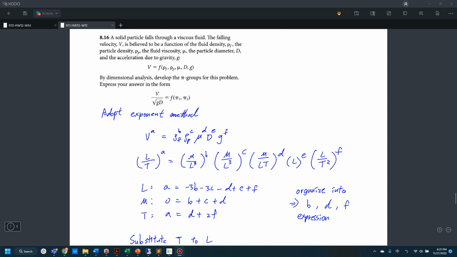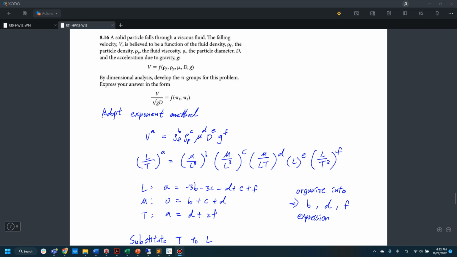To be more flexible on this, we will adopt the exponent method, where we write the functional equation in this form, in which each variable has a different power written as the parameters a, b, c, d, e, and f. And we can further rewrite each of the variables into the expression of the unit.